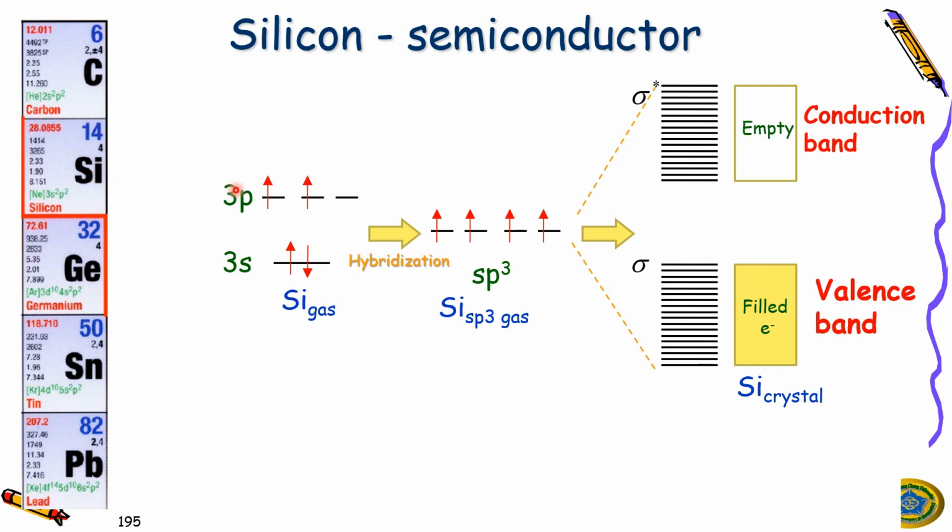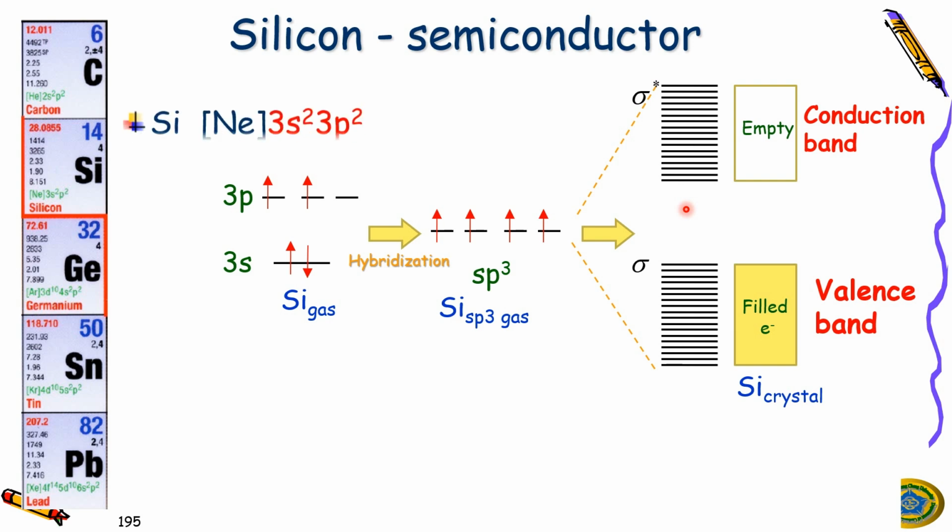And as the 3s and 3p energy levels are closer than the 2s and 2p, when you put this band gap here, have a guess: is it larger than 5.4 or less than 5.4? Less, right? Because the 3s and 3p orbitals are much further away from the nucleus.